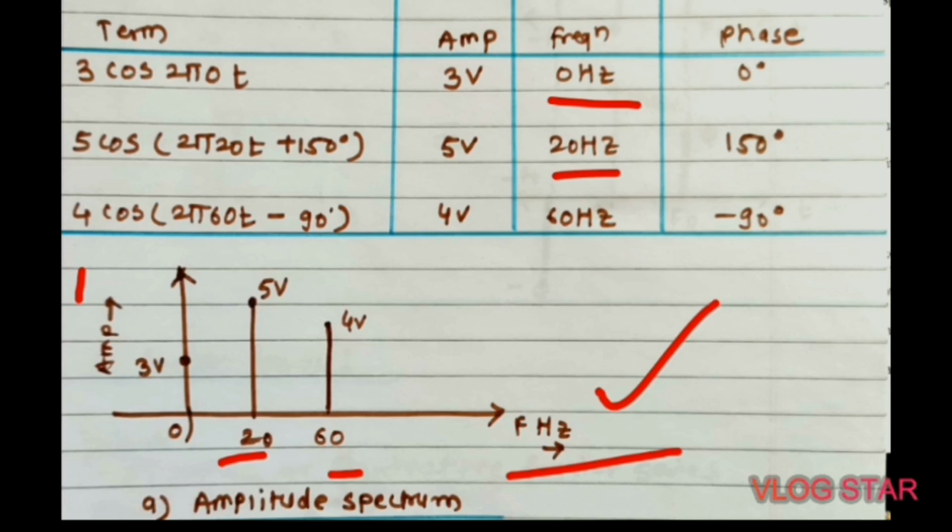On 0 hertz the amplitude is 3 volt, so I am drawing the 3 volt at 0 hertz. Then at 20 hertz, 5 volt amplitude is present, and at 60 hertz, 4 volt is present. So this is the graph of amplitude versus frequency.